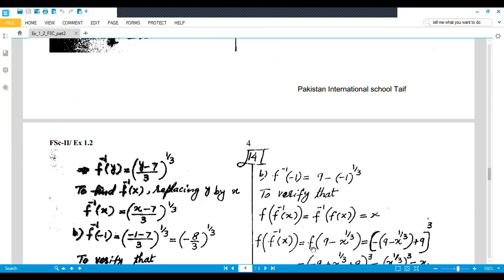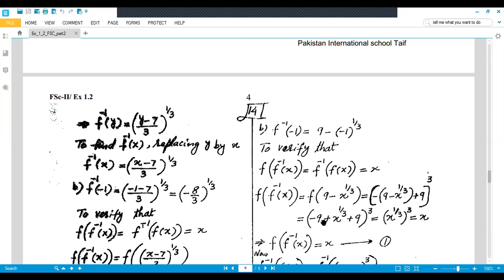Function f is (minus x plus 9) whole cube. So, with the minus sign, in place of x we put this value, plus 9, whole cube. Now open the bracket: minus 9 plus x to the power 1 over 3, plus 9. Minus 9 and plus 9 cancel with each other, the 3 and 3 cancel with each other, and we get x.